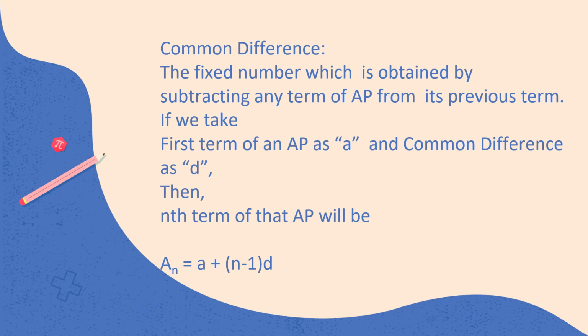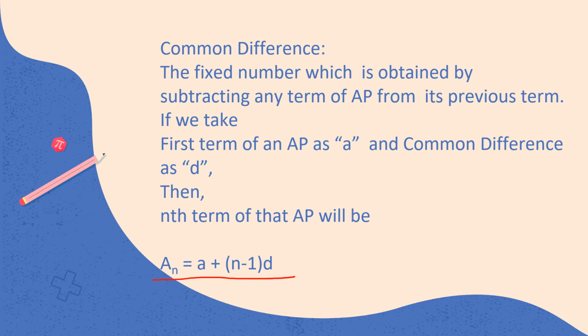All right, without repeating much, we are referring to the first term as A and the difference as D. The formula that should come to your mind is this: an is equal to A plus (n minus 1)D. You can substitute n with the position of the term that you're searching for.